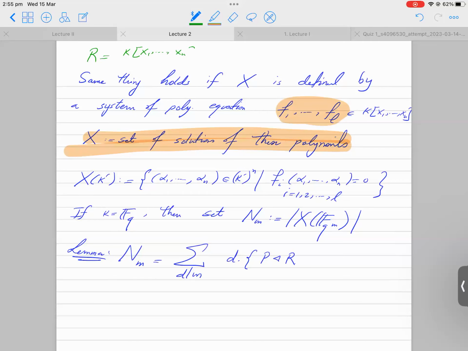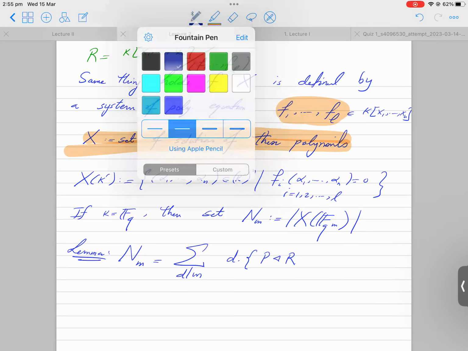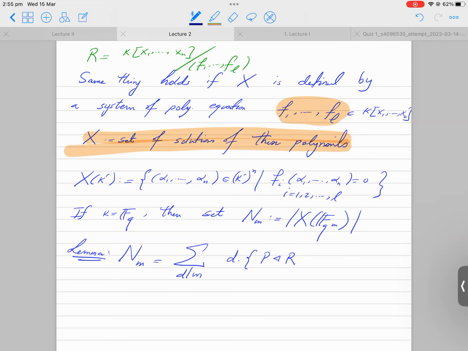R is the ring K[x1, ..., xn] modulo the ideal generated by these polynomials. If you look at the maximal ideals in here, whenever you have a maximal ideal, the size of its residue field is finite, it's q to the d, because we're working over a finite field. I'm assuming in this lemma that K is a finite field.